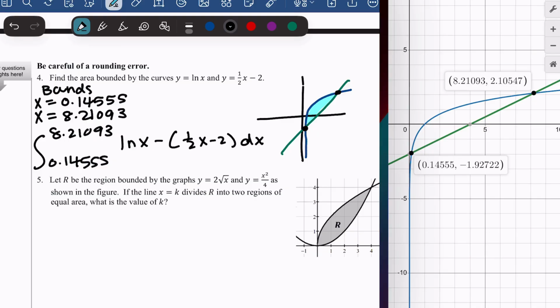Okay, once I have that set up, then I'm going to go back to Desmos, I'm going to type in that integral, and I'm going to get an answer.